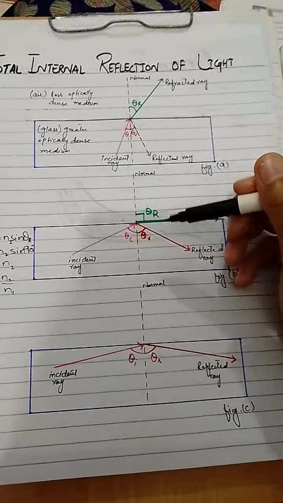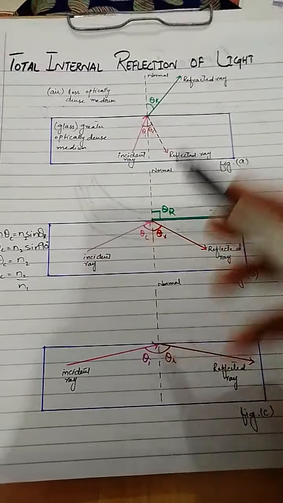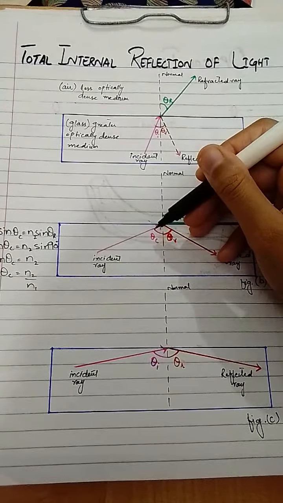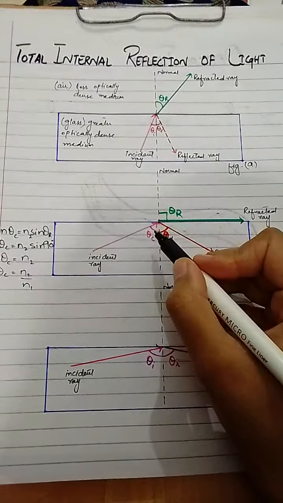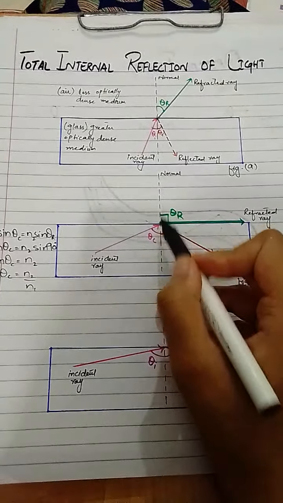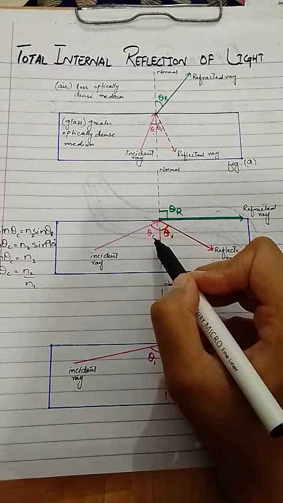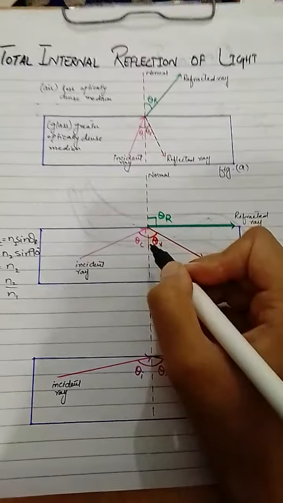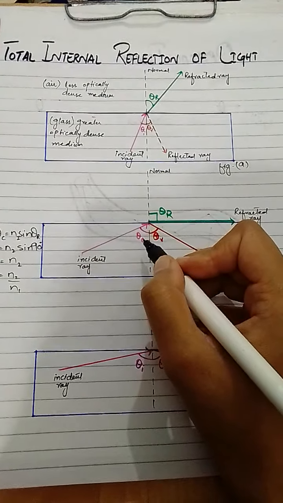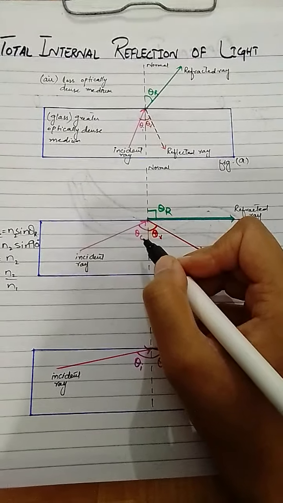So now an interesting phenomenon occurs. Okay, in such a case, this theta will be called the critical angle. The angle at which the refracted ray becomes 90 degrees to the normal is called the critical angle, and it is denoted by C. You must have noticed that I have not written theta I here, because in this case theta I becomes theta C, which is the critical angle.